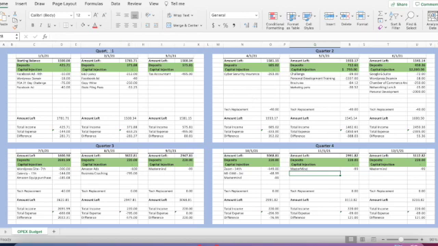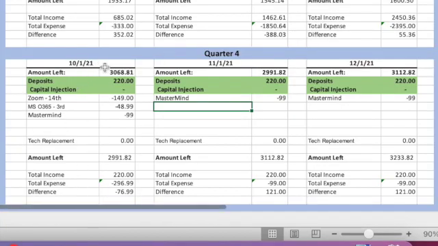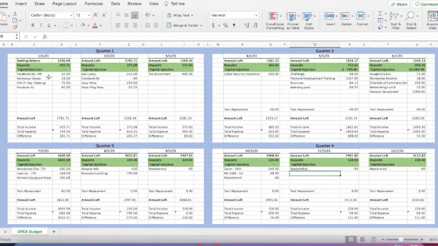So instead of it being quarter 1, quarter 2, it'll be January, February, March, April, and then we can take it down through the rest of the year. And then rather than having these columns represent a month, they would represent a given week of that month. So instead of January, February, March, it'll be January 1, January 7th, January 14th, and then January 21, assuming there was that last column.